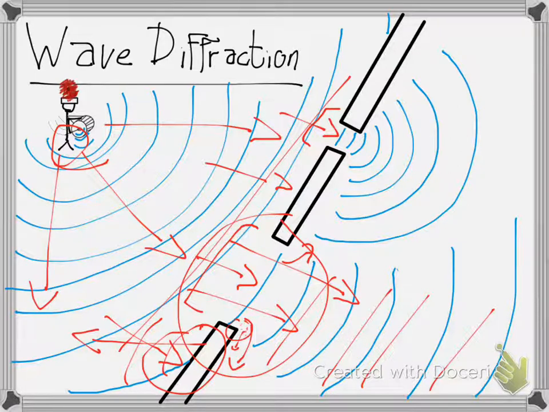Now, things get interesting when we look at our smaller opening. In our smaller opening, we get only a small chunk of that larger wave passing through. And so what happens is the ratio between the width of the opening, which is the width of the preserved chunk of the wave, and the size is a lot smaller.